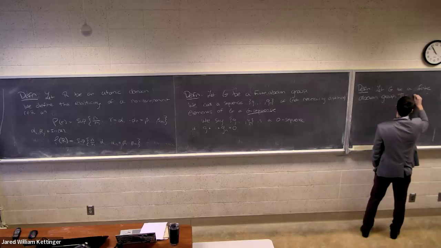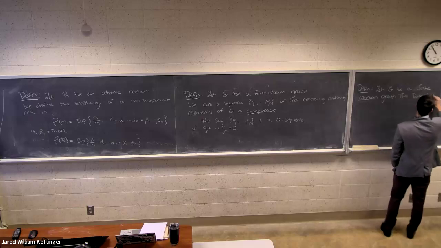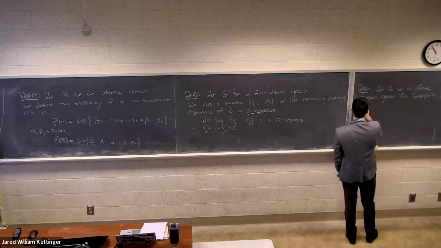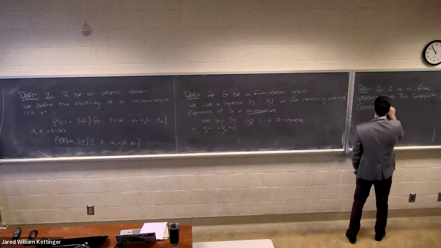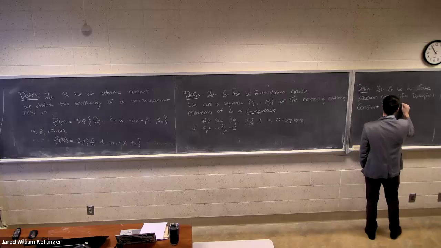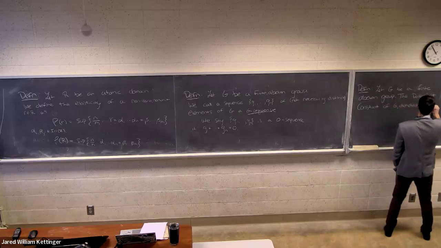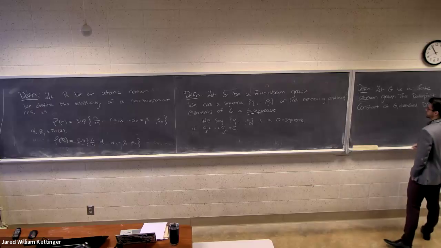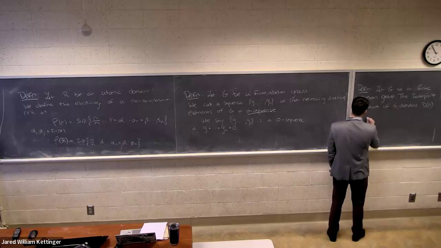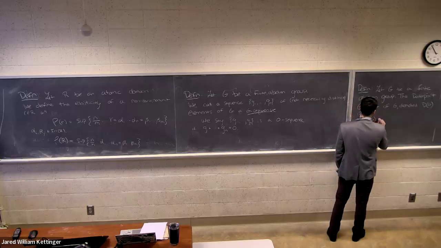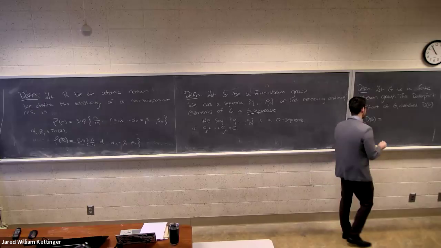The Davenport constant of G, denoted D of G, is defined as follows. There are actually 2 equivalent definitions of the Davenport constant.